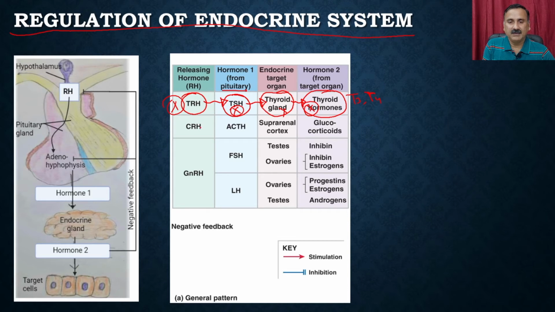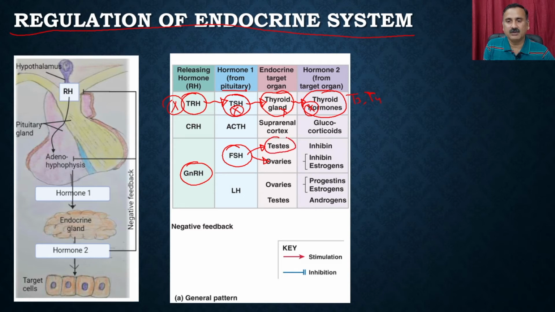And in the same way we have the other hormones also. For example, we can have the production of follicle stimulating hormone from the gonadotropin releasing hormone, and that is going to act on two different organs.